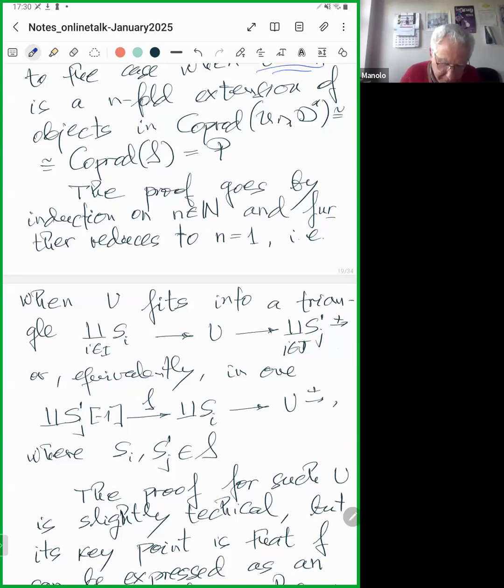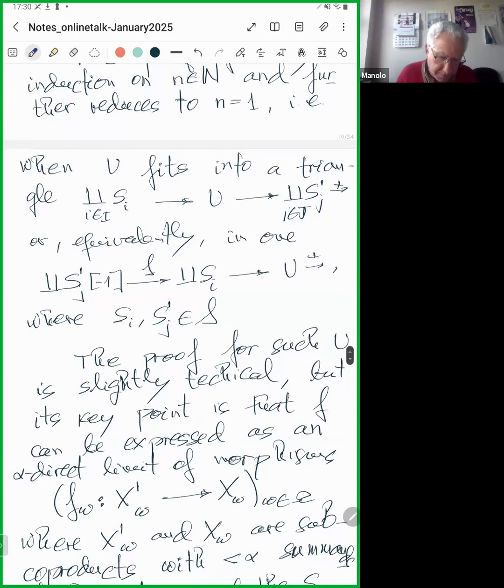In that case, here is where an argument comes in which is different from the arguments that we use in the joint paper with Stovicek. The key point, to prove the existence, is based on this morphism that you have here. The point is that any coproduct in any additive category with coproducts is the direct limit of the subcoproducts of less than alpha objects, where alpha is any regular cardinal that you could fix.